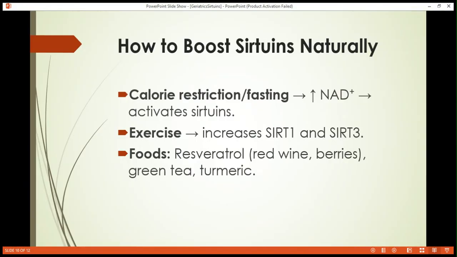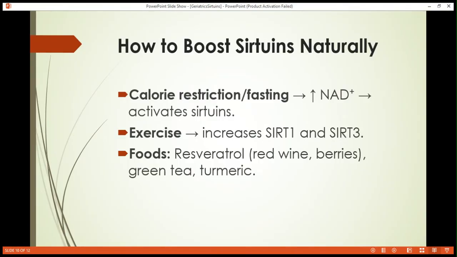Then you can also boost these Sirtuins through exercise, which is a major recommendation in old age. Through exercise, Sirtuins 1 and 3 are increased.